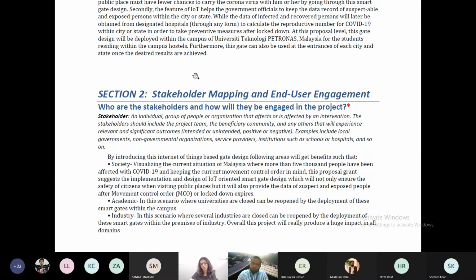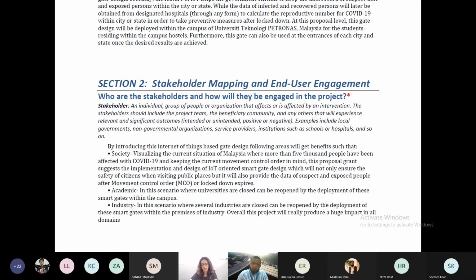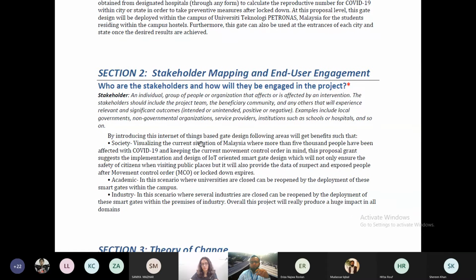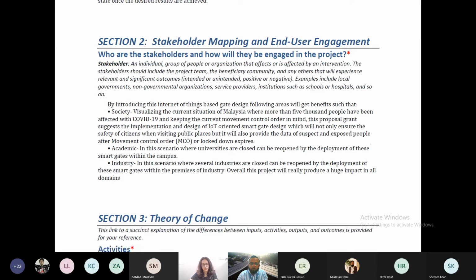After that, they actually ask the same thing: what is the tangible outcome? Like the stakeholder mapping and end user engagement. Over here you can provide a short description of how it can impact society, academia and industry. This is how I mentioned it over there. After that, theory of change.